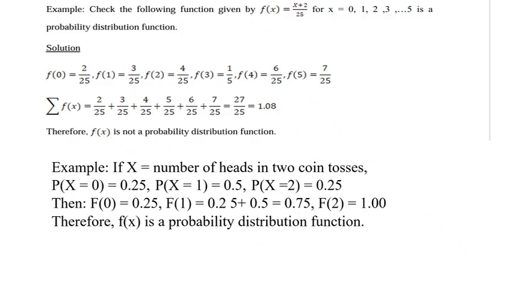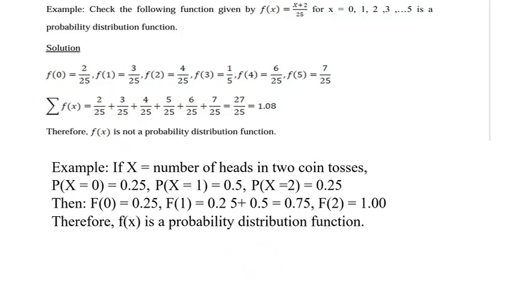For f of 1, that will be 1 plus 2 over 25, which is 3 over 25. For f of 2, that will be 2 plus 2 over 25, which is 4 over 25. Then f of 3 will be 3 plus 2 over 25, which is 5 over 25, which is 1 over 5.